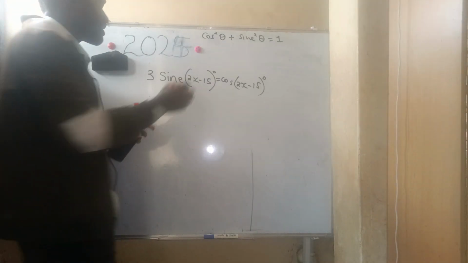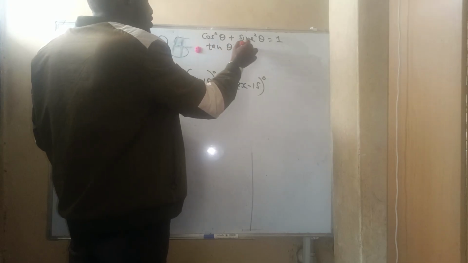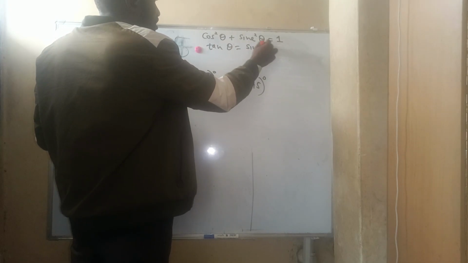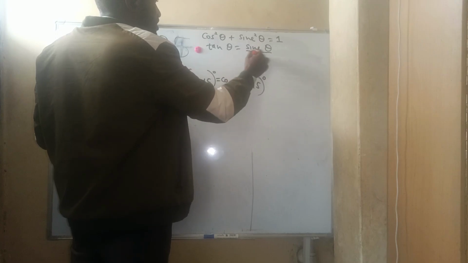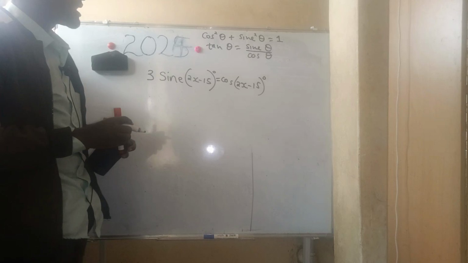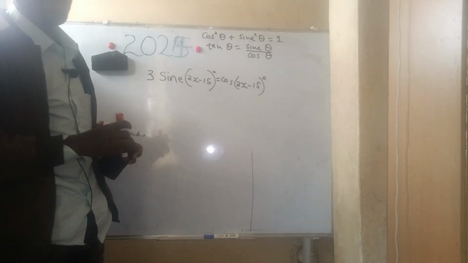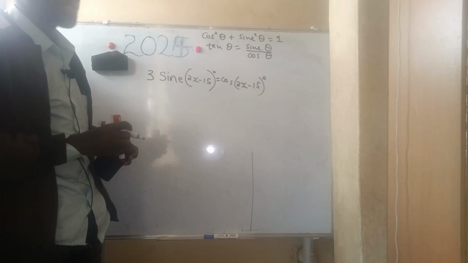Well, someone can say tan theta should be equal to sine theta over cos theta. That can be another trigonometric identity that you can use to arrive at an answer to a particular question given in an examination.